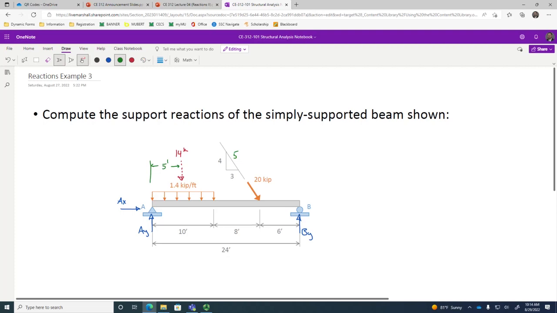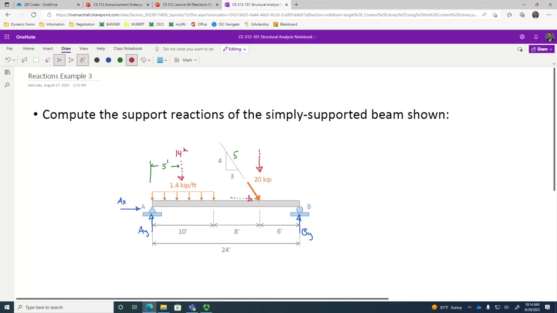I want to take this and resolve it into its components. Now this load is acting this way, which is sort of a down and to the right sense. So I'm going to take this and I'm going to split it into a horizontal and vertical component.